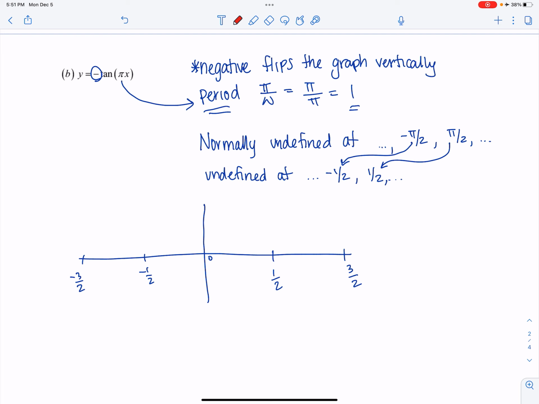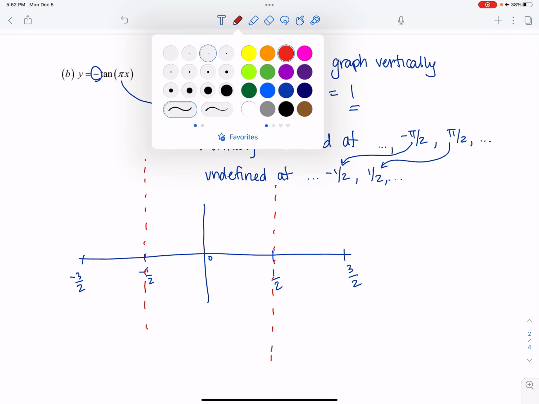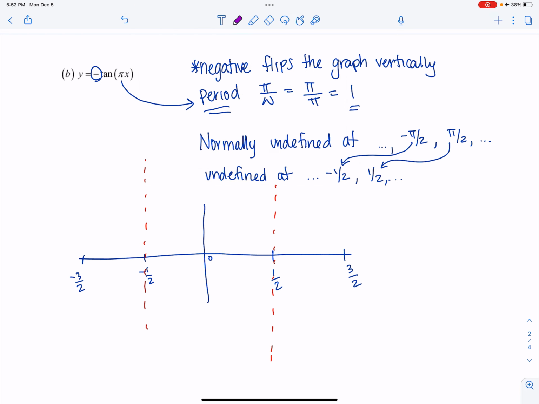Now, since I am working in a period of 1, I'm undefined at negative 1/2 and 1/2. And instead of going upwards, I am going downwards.